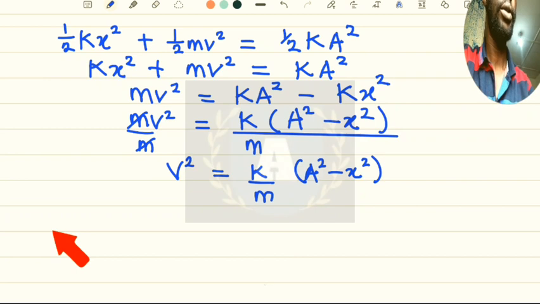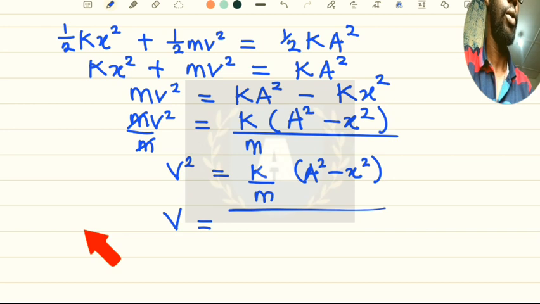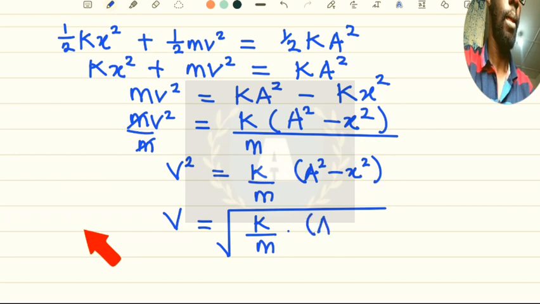Now on square rooting both sides, v will be equal to the square root of K over m multiplied by a squared minus x squared.